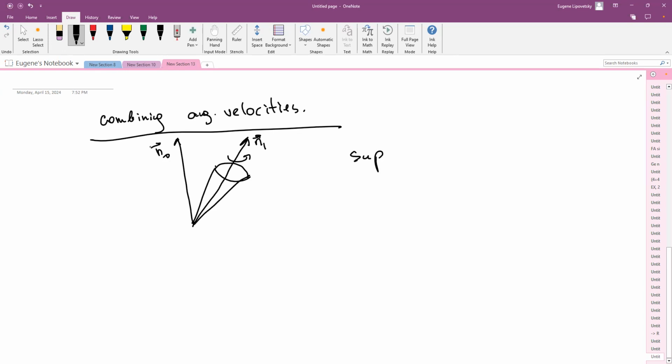Suppose the body is rotating with angular velocity omega relative to N1.